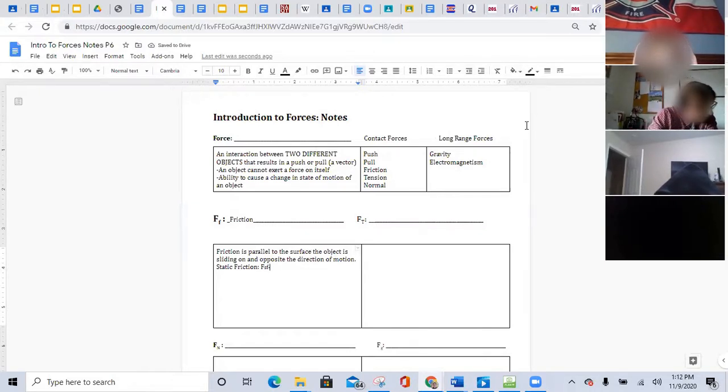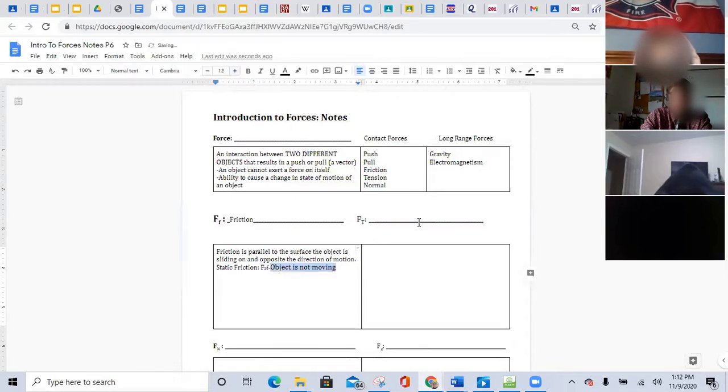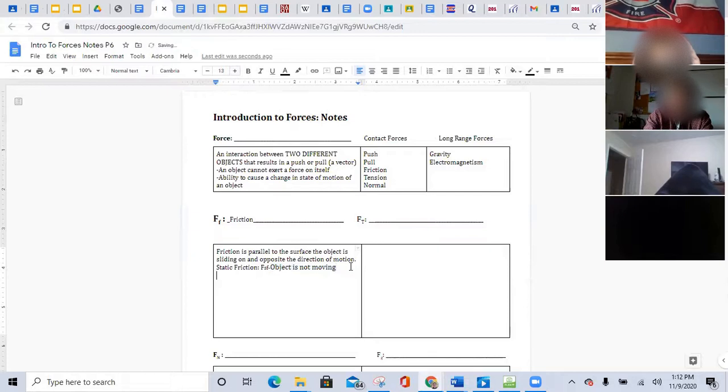All right. And that's when the object is not moving. I'm going to make that a little bit bigger. And then there's something called kinetic friction. Anytime you see kinetic, that means when the object is moving.